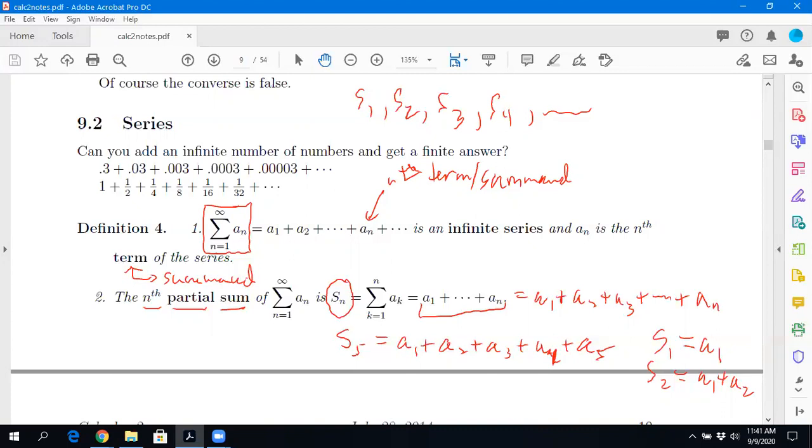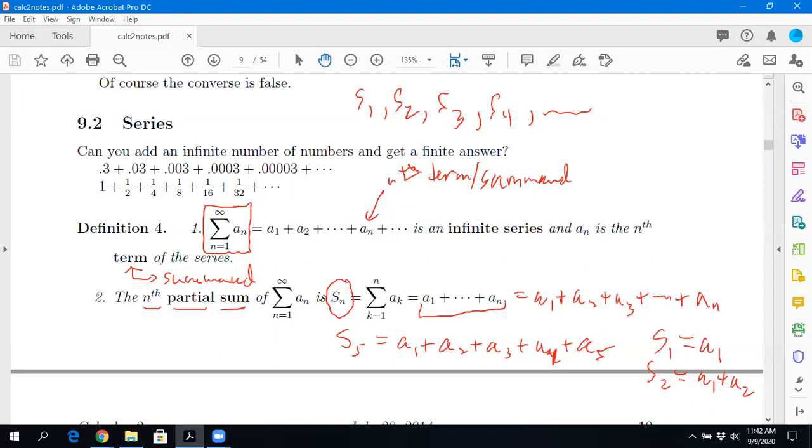Yes. So we're talking about boundedness to see if it converges. That's something we're going to talk about. We just talked about boundedness and monotonicity. If my sequence of partial sums keeps adding a positive number each time, what's automatically going to be true about the sequence of partial sums?